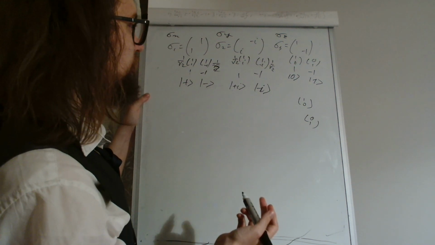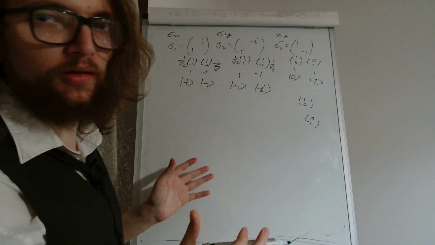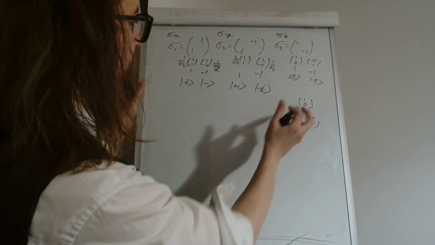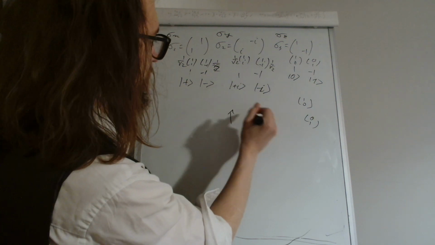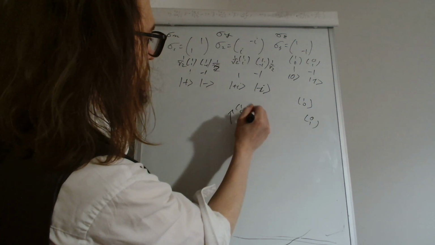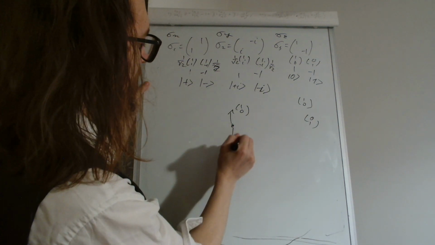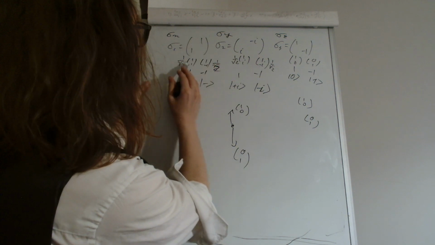So if we want to represent these eigenvectors in 3D space, this one represents the up direction, so we put here (1, 0), and this one is the down direction, so we put here (0, 1). This is the right direction.